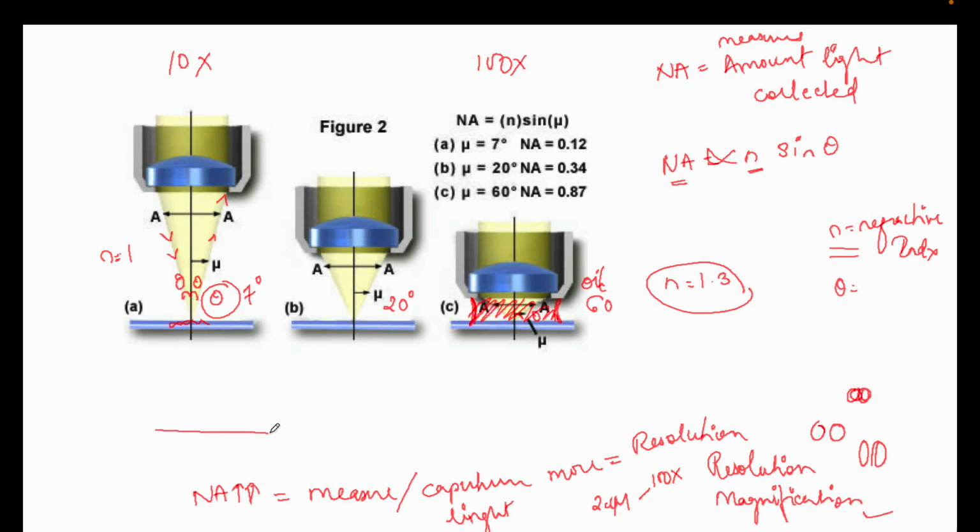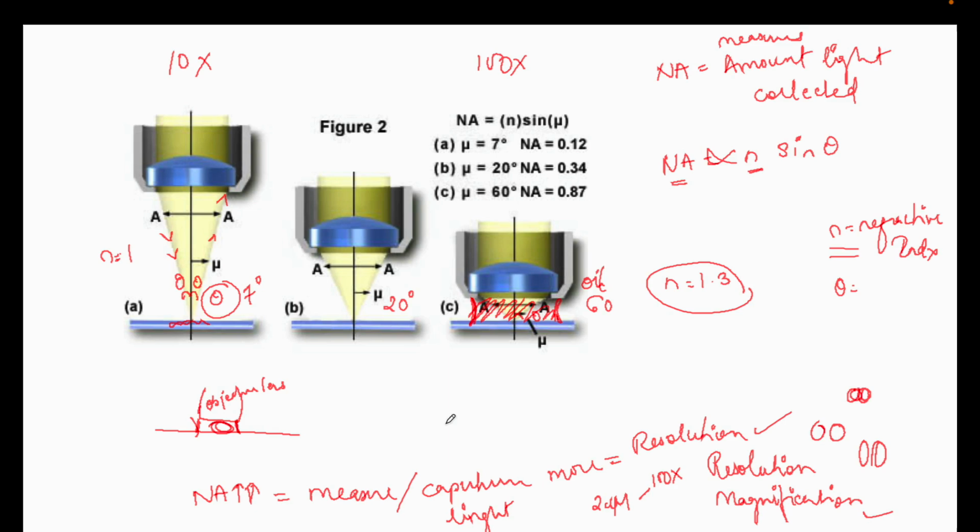We have a slide with stained microorganism, we put a drop of oil, and then we stick the objective lens of the microscope completely, so that there is a thin film of oil around the objective and the specimen. This whole area is covered with oil, which has a higher refractive index, and hence we get a higher resolution.